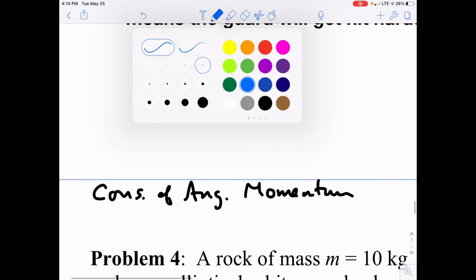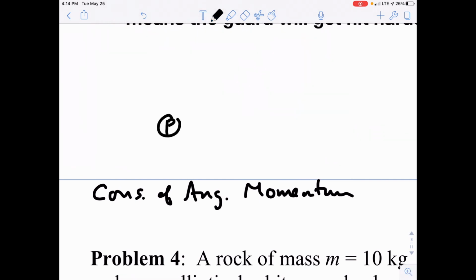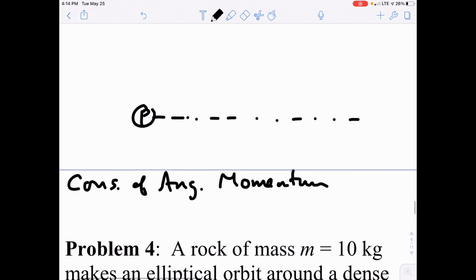If you have, let's say, a planet, and you are an infinite distance away from this planet, then there's really very little to no gravitational attraction from that planet to that object placed at point P way over here, which means essentially the potential energy is 0 at this point.